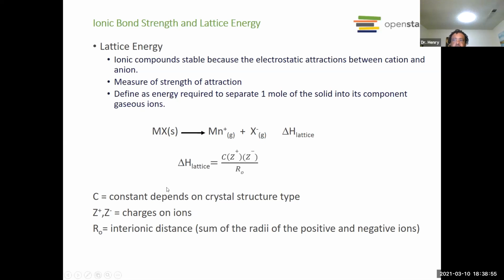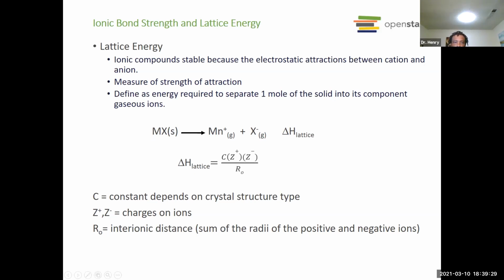The way we calculate that is delta H lattice is equal to C times Z over R. C is a constant depending on the crystal type, and that's usually given to you. Z is the charge on the ions. R is the interionic distance between the two, which is basically the radii of each of the ions.